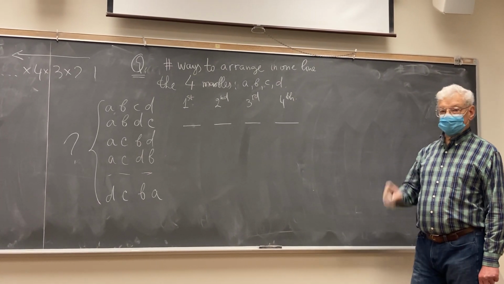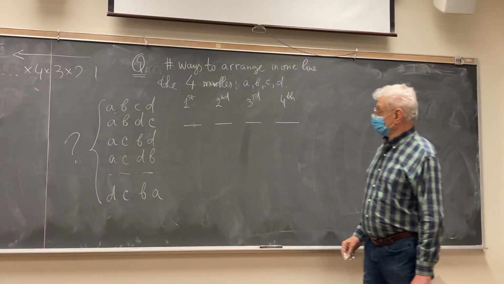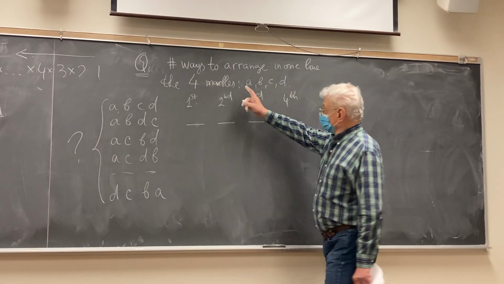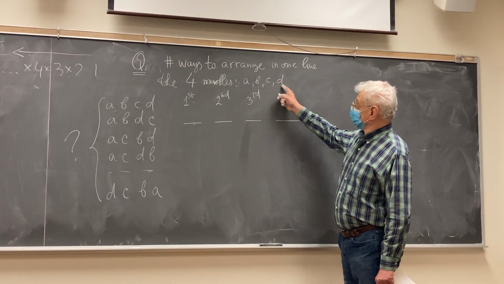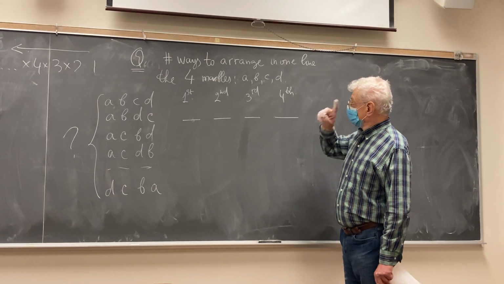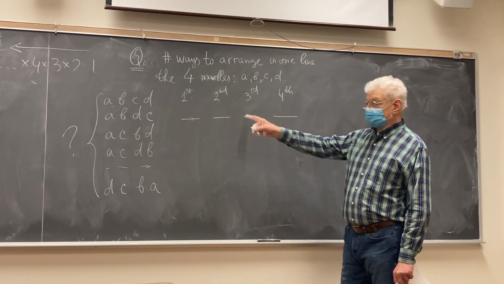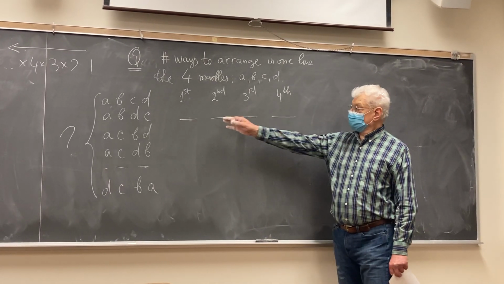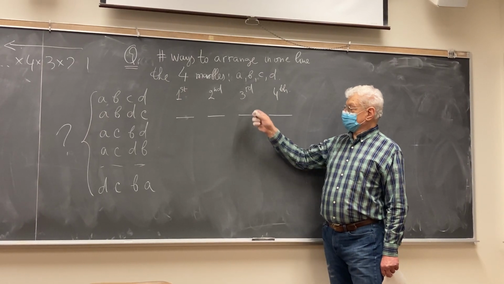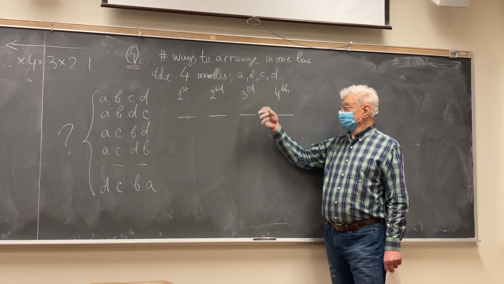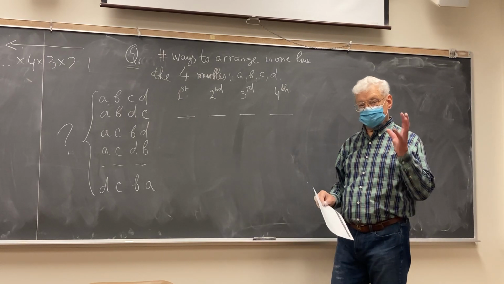You pick one of the letters, which means one of the marbles, and put it in here. It doesn't matter where you put it. The third position could be considered as the first one, but you have to make a plan.